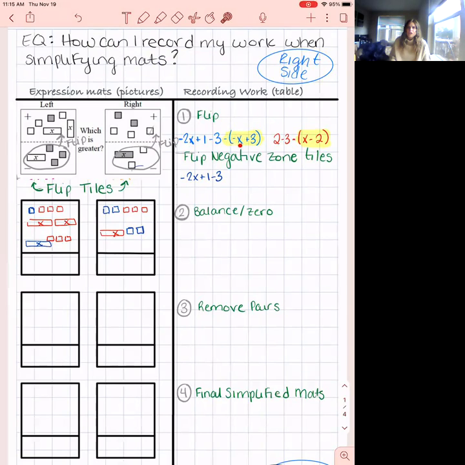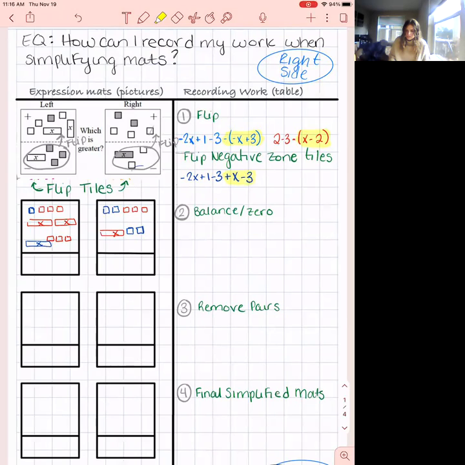This was a red X tile. I flipped it over here and made it a blue X tile. So I'm going to rewrite this highlighted stuff, but I'm going to switch all the signs on it. So now I have plus X minus 3. And I'm going to highlight that.